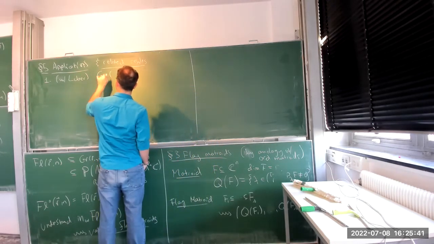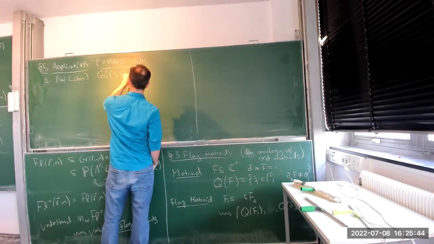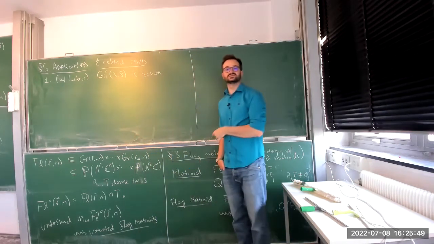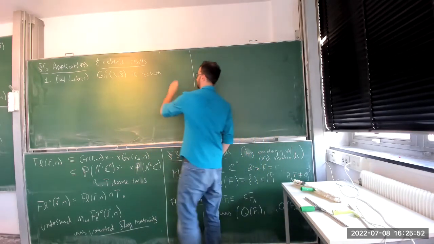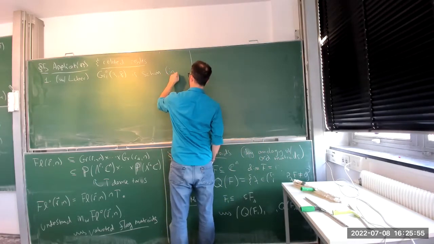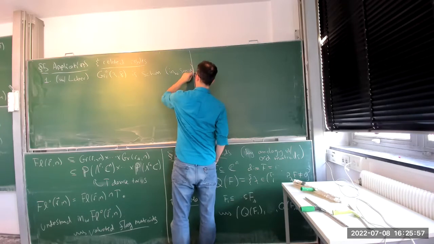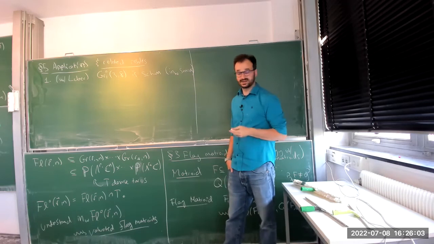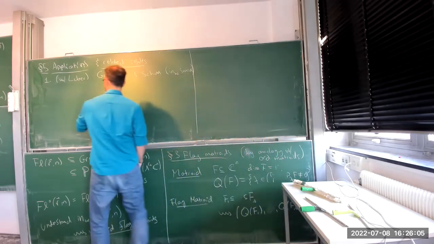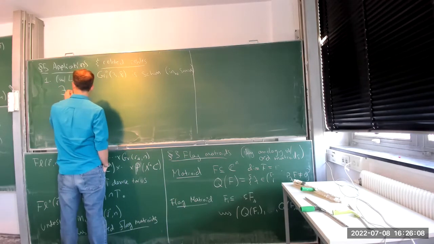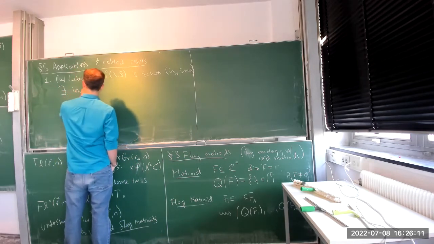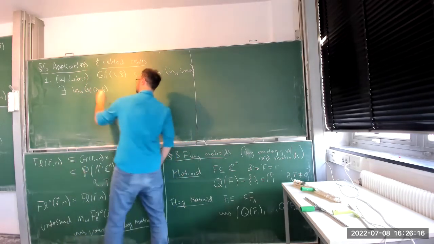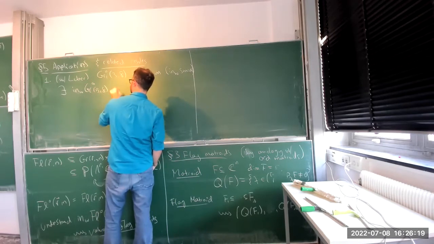We have that GR38 is schön. Remember, this means that all the initial degenerations are smooth. And one interesting thing is that we actually show that there exists an initial degeneration of GR38 that has two connected components.